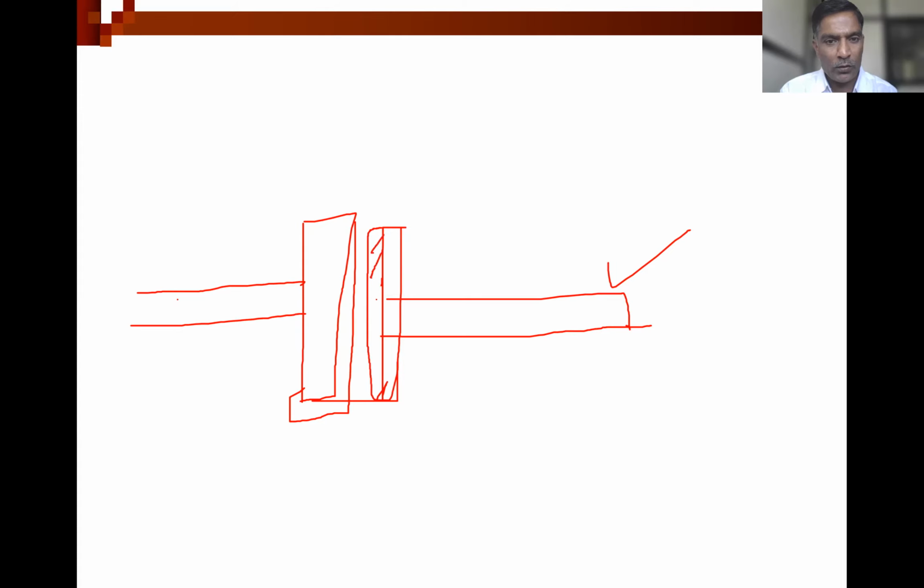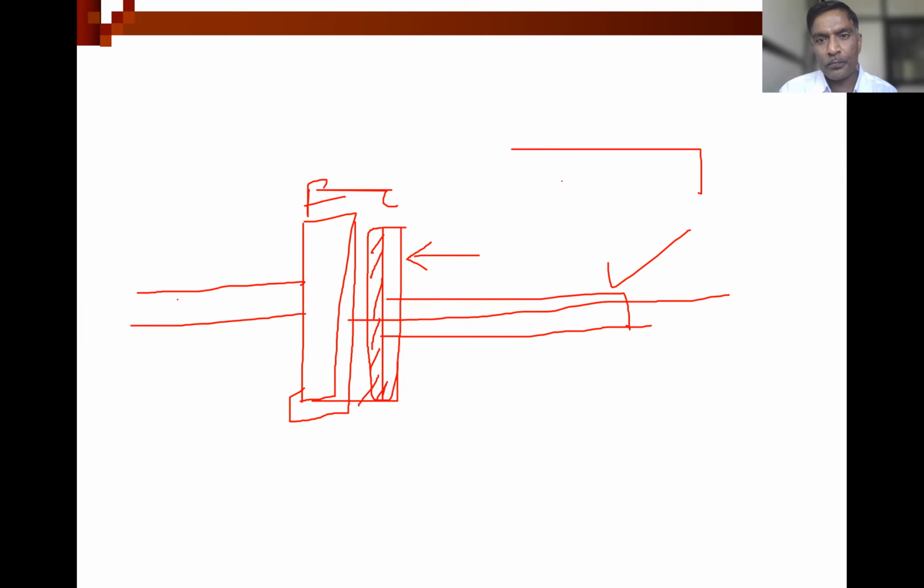So schematically it is shown like this, and this frictional material is in contact with this flywheel, then power is going to flow in this direction. So how to provide contact between this clutch plate and the flywheel? For that, we need to move this clutch plate on this shaft in this direction.